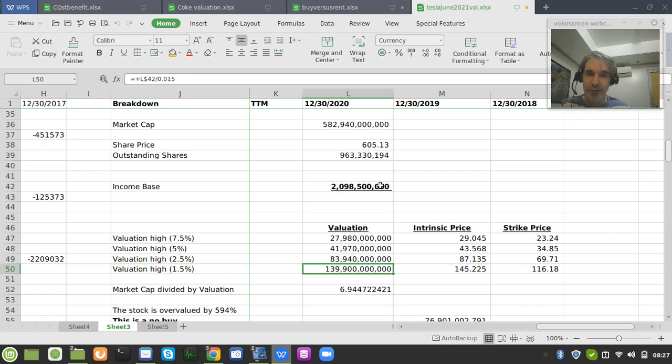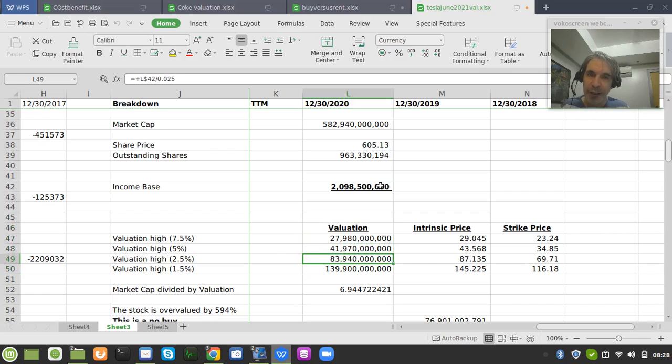And in the case of Tesla, I don't think 7.5% or 5% is warranted. These are too high numbers when you take into account the growth. So what I would be looking at is more along the lines of 2.5%, which is basically multiplying your amount by 40. And I would look at 1.5%, which is not multiplying by 100, but getting pretty close to that. It's more like 60-odd.